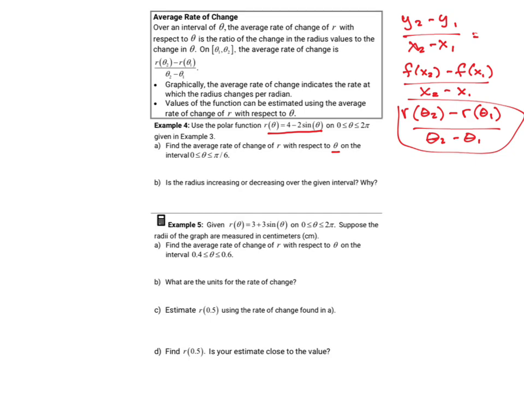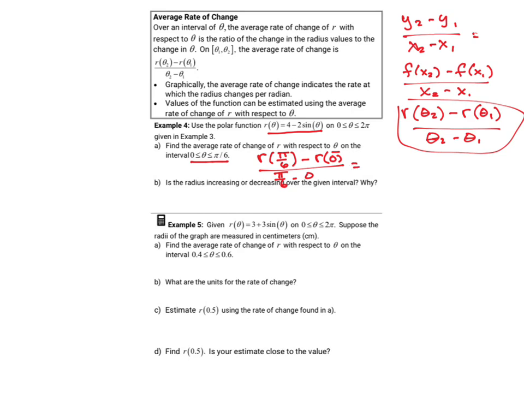In the future, we will. Right now, we're just looking at our table. We want the average rate of change on the interval from 0 to pi over 6. So we want r of pi over 6 minus r of 0 divided by pi over 6 minus 0.